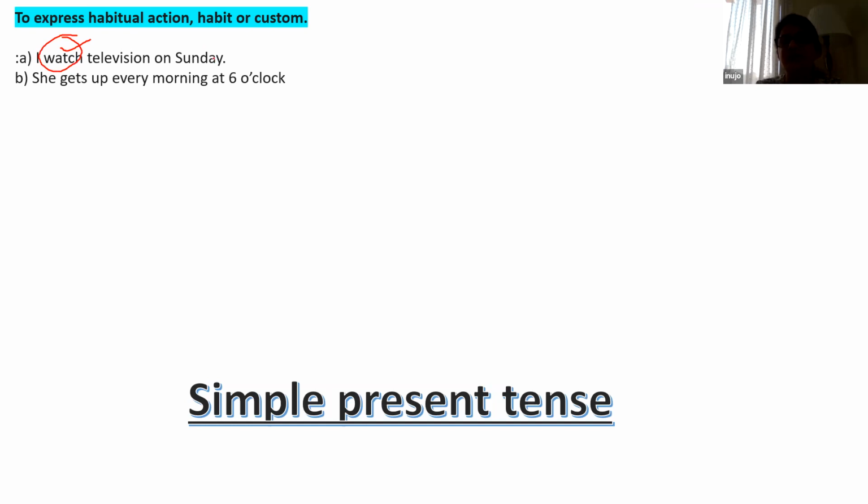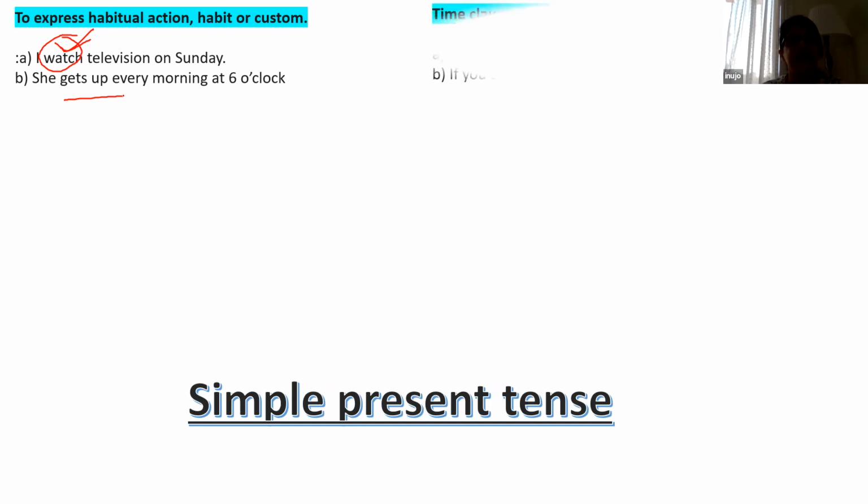This is not a future tense statement. The verb watch is in the present tense. The action is now. It is a habit. Now, she gets up every morning at 6 o'clock. It is a habit.